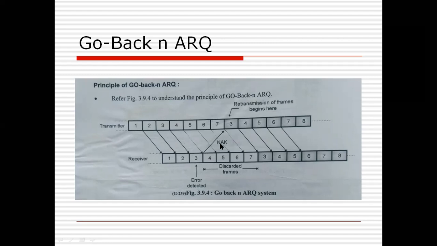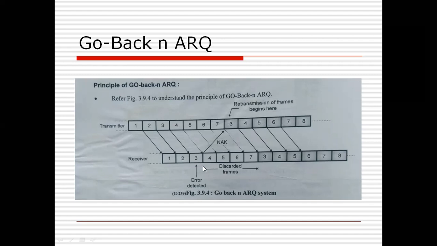So immediately when the sender receives the NAK3, it will retransmit all frames from frame number 3, frame number 4, frame number 5, frame number 6, and frame number 7. While at the receiver end, if an error occurs at frame number 3, then all remaining frames that have been received by the receiver will be discarded.